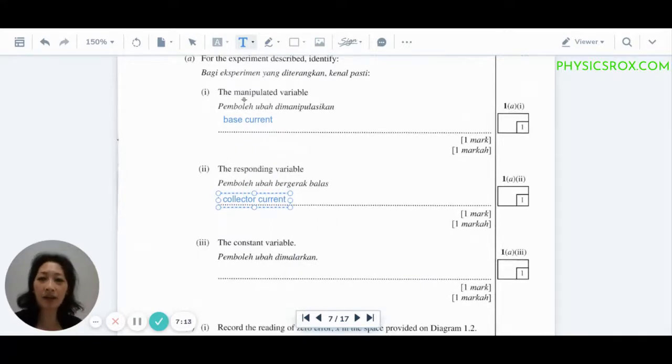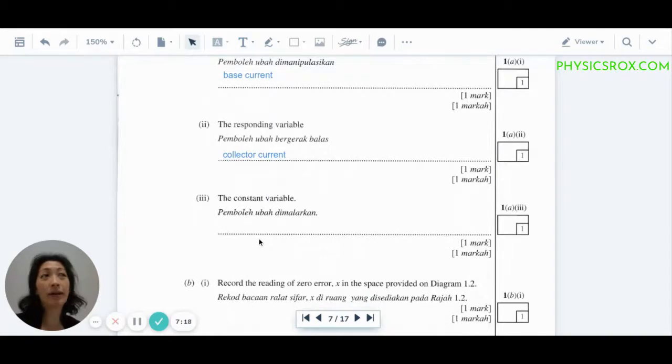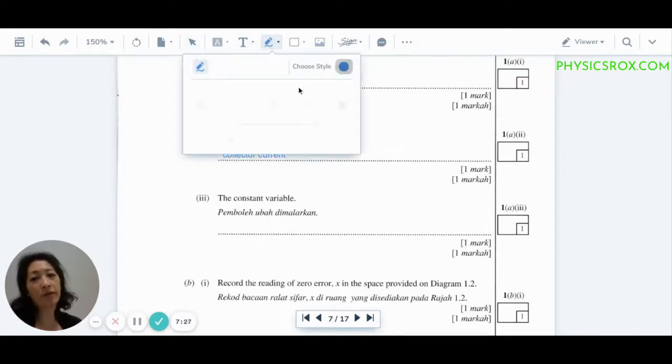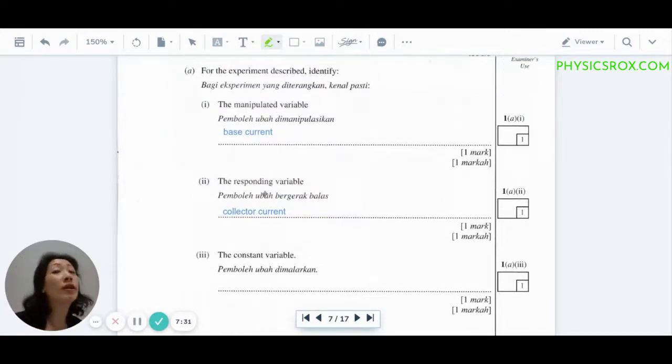Now, with regards to the constant variable, of course, sometimes you won't get the answer directly in the question, right? So how do you figure out the constant variable? Now, one thing that you must remember with regards to variables in physics, and we're talking only about physics here, not chemistry or biology.